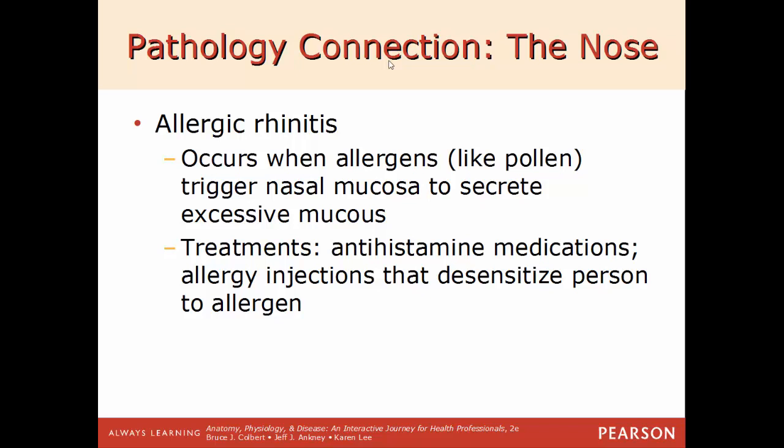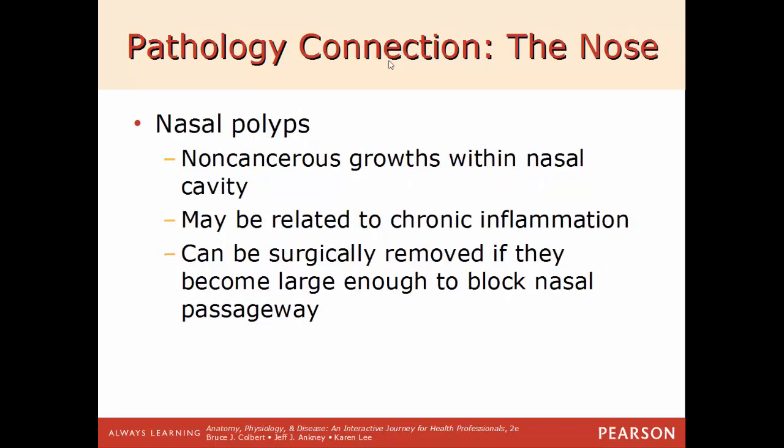You have the inflammation of the nose itself, which causes the nasal mucosa to secrete more mucus than is necessary, so the mucus will run out of your nose. Nasal polyps. These are non-cancerous growths that are found within the nasal cavity. These may be related to chronic inflammation, and these can be surgically removed if they become large enough where they actually block the nasal passages.